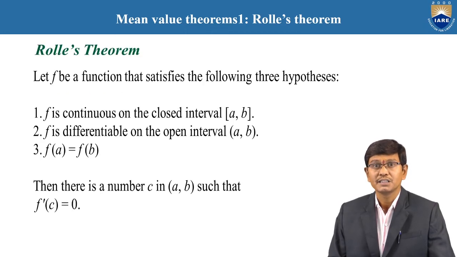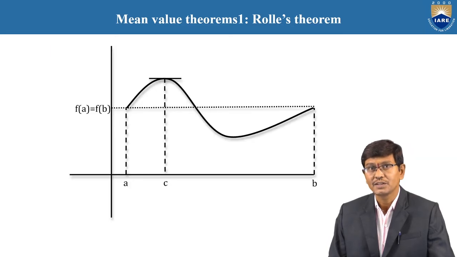Now we are going to discuss the same: f is continuous in the closed interval [a, b], f is differentiable in the open interval (a, b), and f(a) is equal to f(b). Then there exists c in (a, b) such that f'(c) = 0.